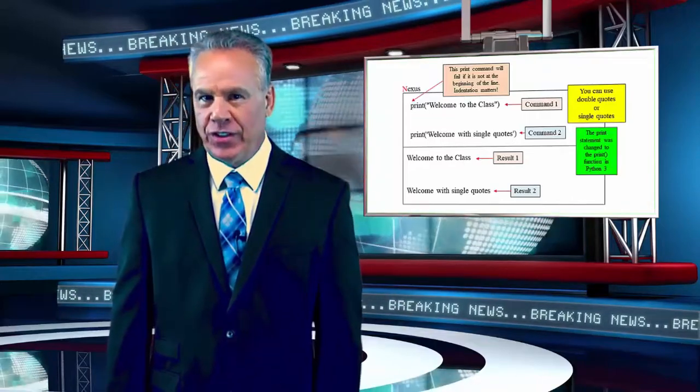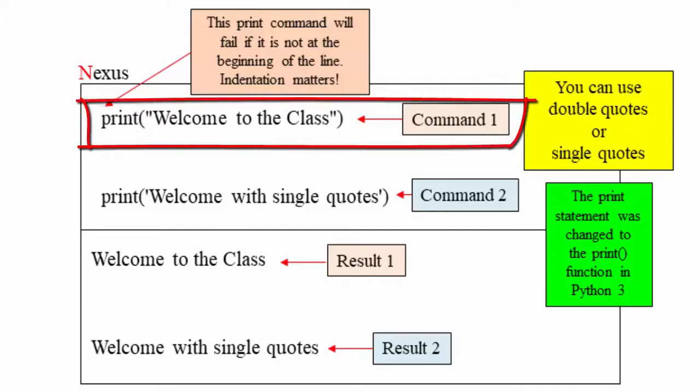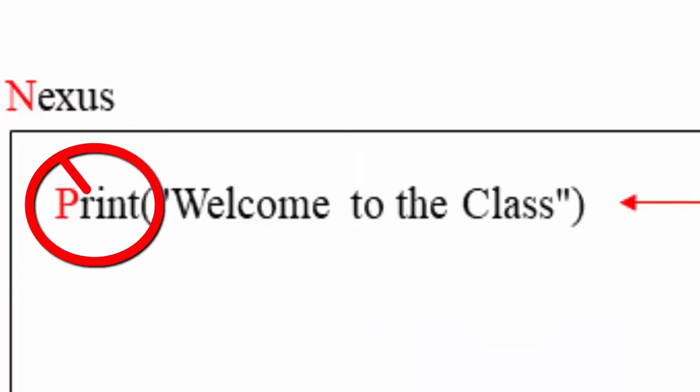We're going to start talking about strings and using the print command. I'm going to run this twice to teach you a few lessons. First and foremost, that print command needs to start in position 1. Any indentation, it fails. Any capital letters, it fails.